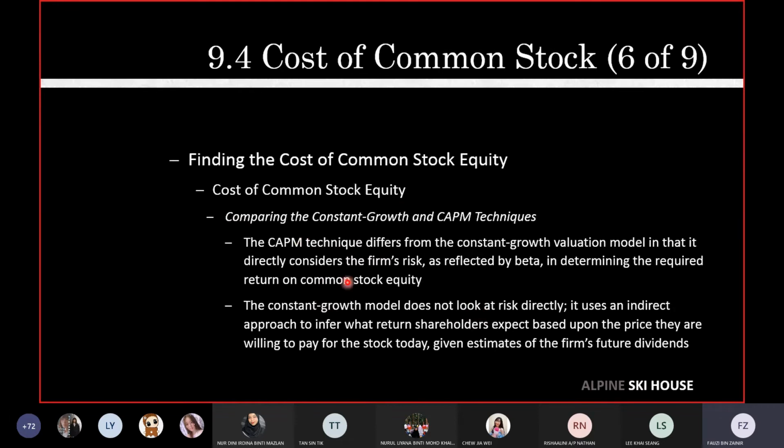Let's go into more detail here. The CAPM technique differs from the constant growth valuation model in that it directly considers the firm's risk, as reflected by the beta, in determining the required return on common stock equity. Whereas the constant growth model, which is the Gordon model, does not look at risk directly. It uses an indirect approach to infer what return shareholders expect, based upon the price they are willing to pay for the stock today, given the estimate of future dividends.